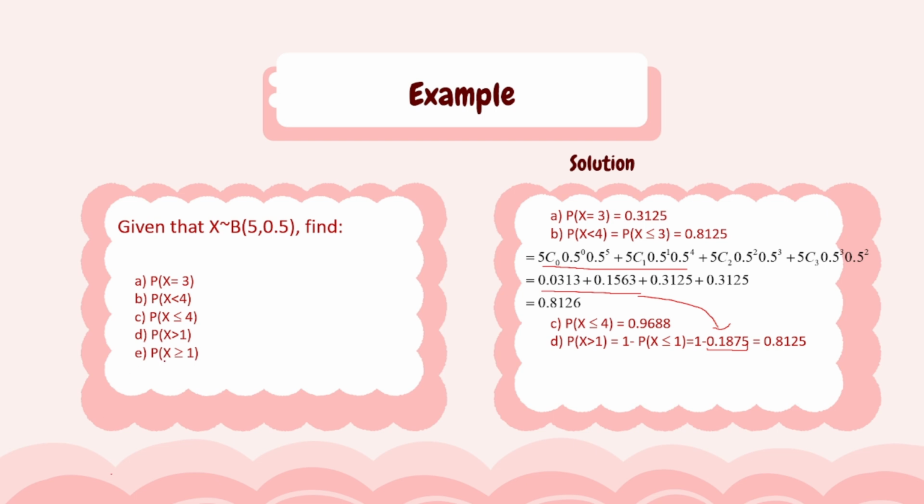Okay, if probability of x greater than or equal to 1, so that means you want from here onward. Add up the probability of 3, 4, and then add up the probability of 5.